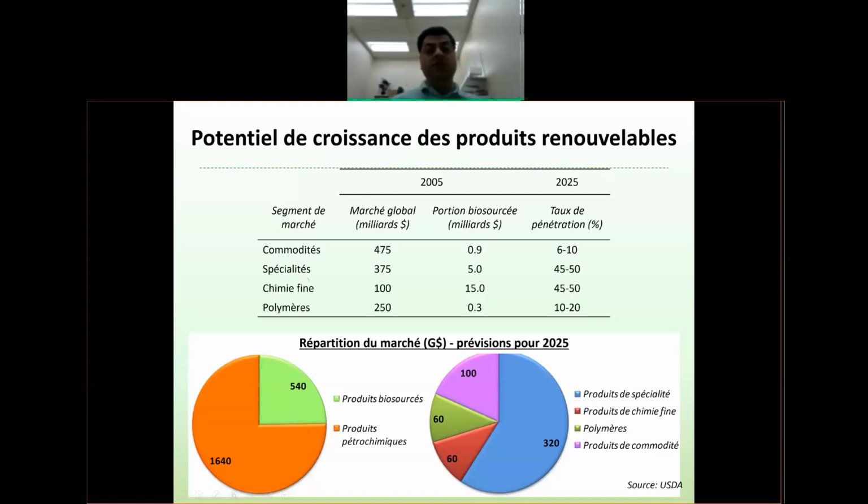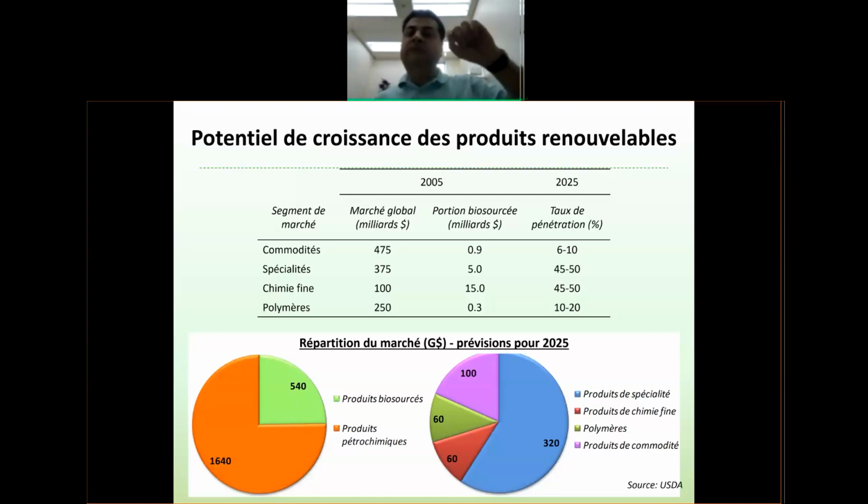This is the global market for some of them in 2005. Fine chemicals here means, for example, pharmaceuticals, medicine, even beauty products like cosmetics, whatever.